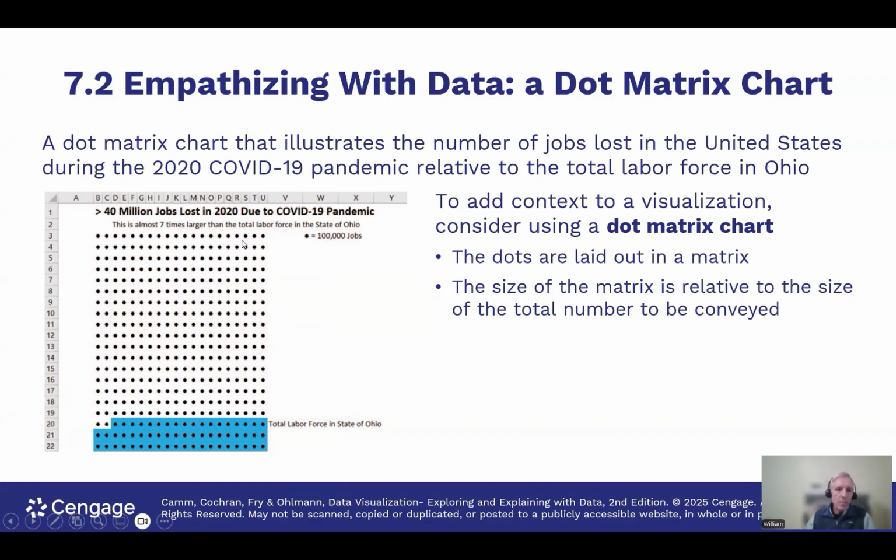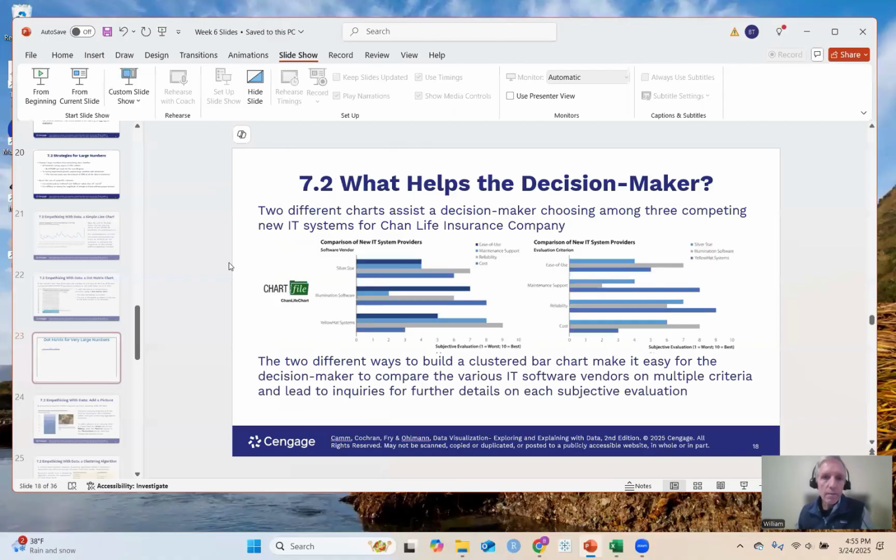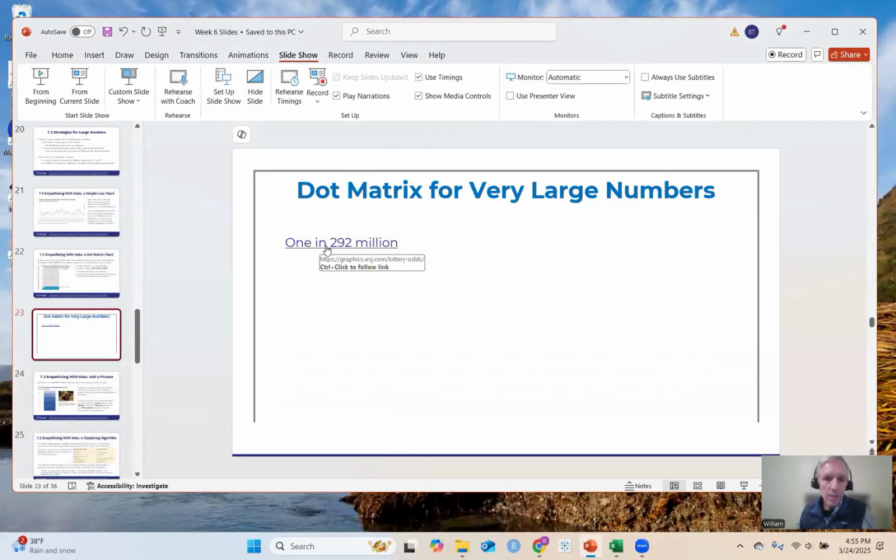This is the number of jobs lost during COVID. It gives you context. I don't know Ohio that well, but I can imagine it's a mid-sized state and it probably has a pretty healthy number of employees. This puts it in perspective. Let me show you a different example of that. I think this one's really quite compelling.